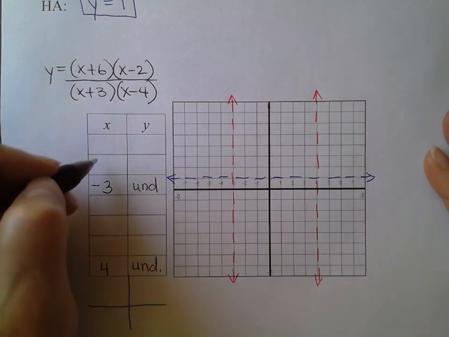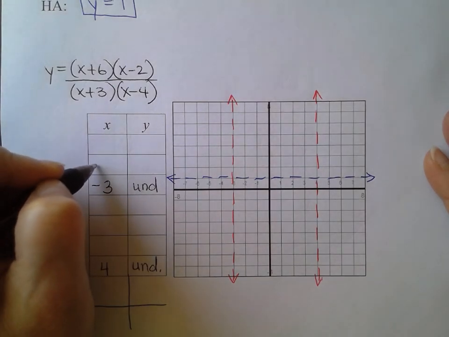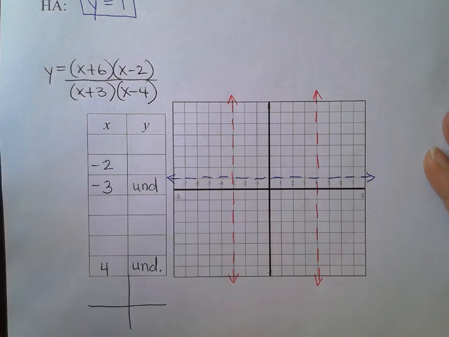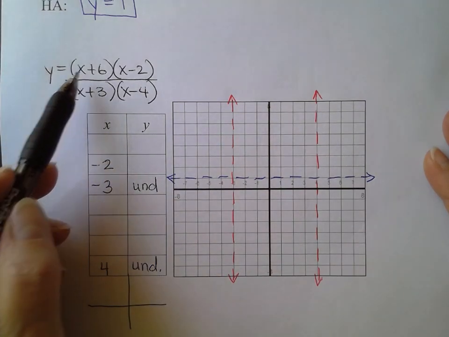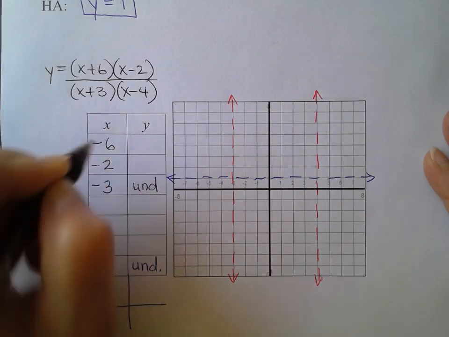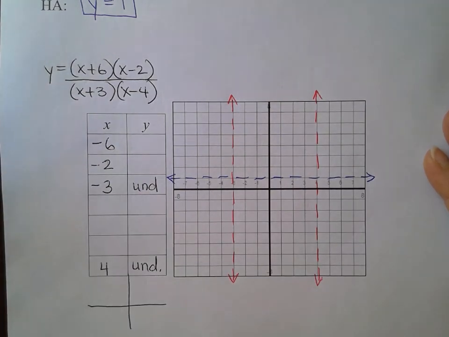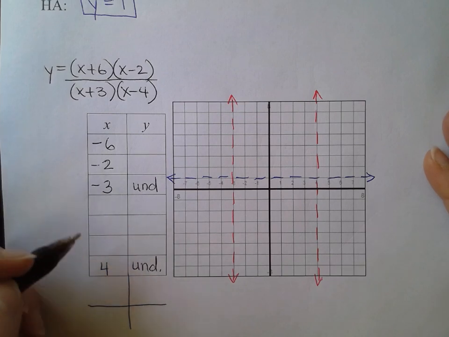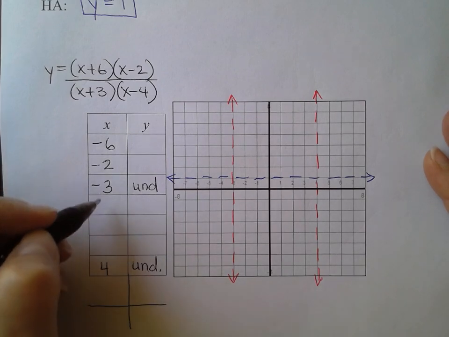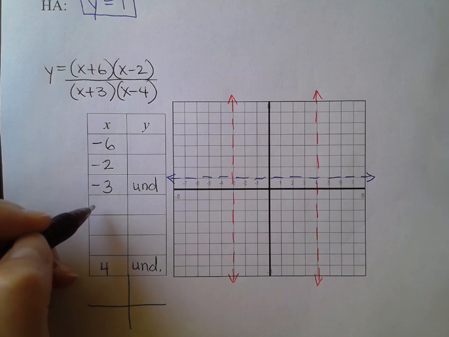Okay, so -2, and you know what? Let's use the x-intercept, -6. That'll make a nice point. Okay, and then bigger than -3. Let's see. I would normally do, oh, I put -2 on the wrong side.